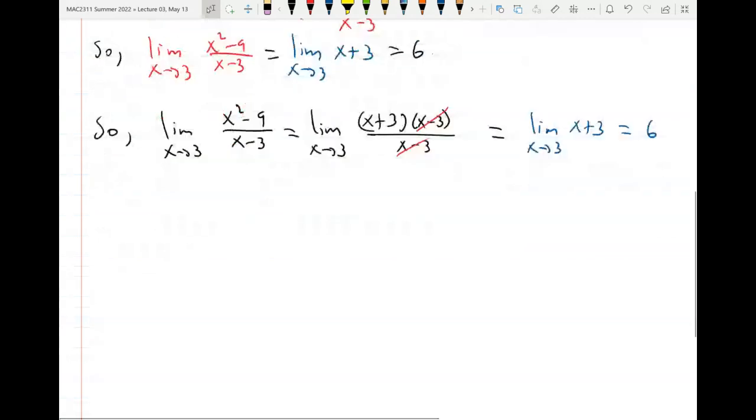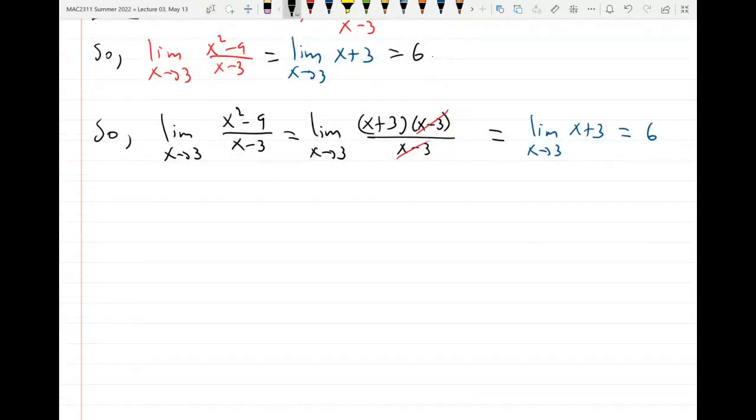So that property is going to take us to a lot of places, and that's basically the property that says that you can cancel stuff like this. You can cancel factors in a limit, and then whatever you obtain after you simplify, that limit is going to be the same as the original one. So you can keep writing the equal sign. So that's a property that allows us to do just that, simplify the limits. Okay, so theorem.